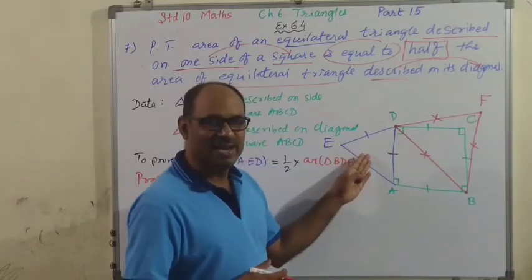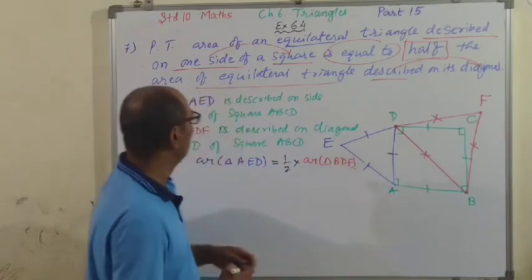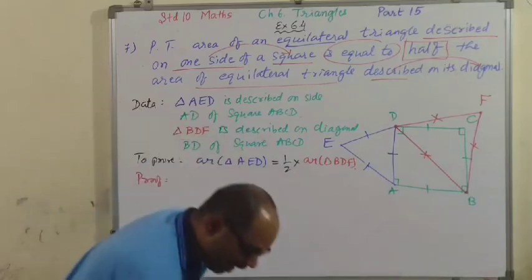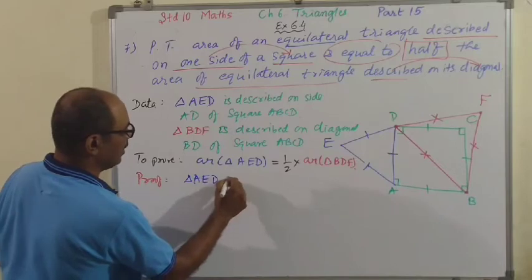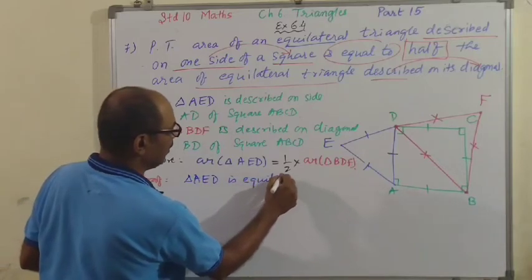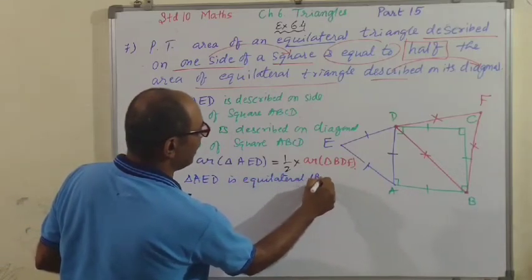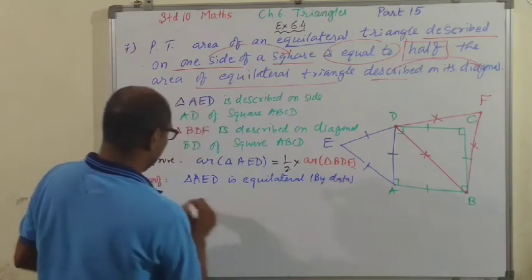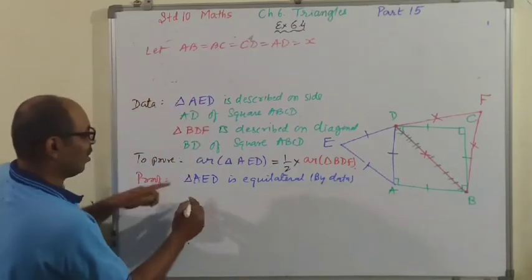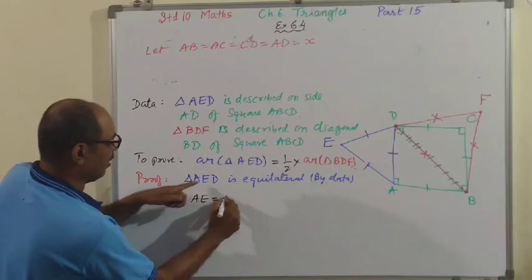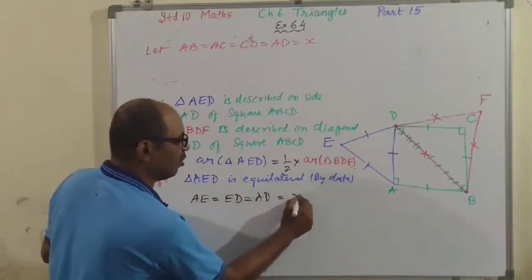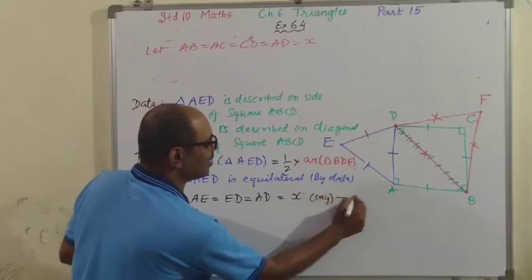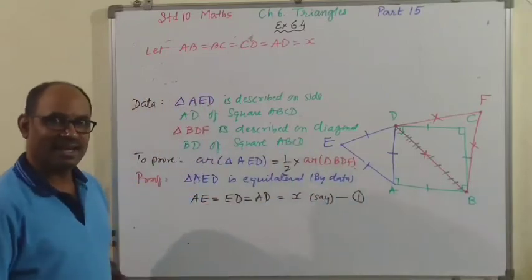Now the blue triangle is equilateral, so all sides are equal. चलिए, blue triangle AED is equilateral by data. All right. So AE equal to ED equal to AD equal to X, say, and this is result 1, correct?